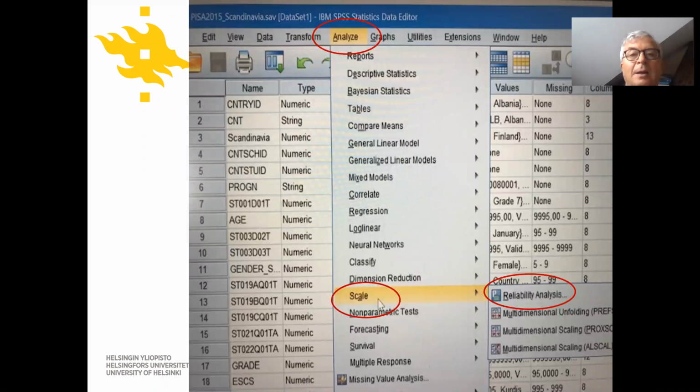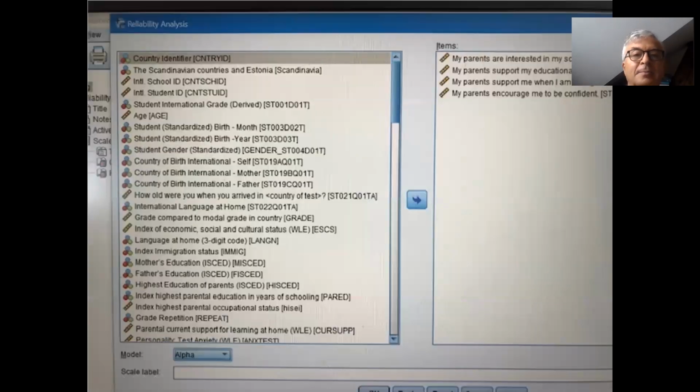All right. How do you go about this? We start out with SPSS. We go to analyze, scale, and from there we find reliability analysis. So it's fairly direct: analyze, scale, reliability. What pops up is this.